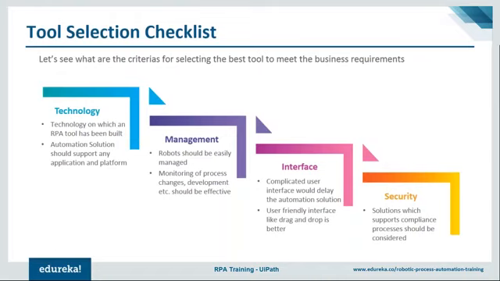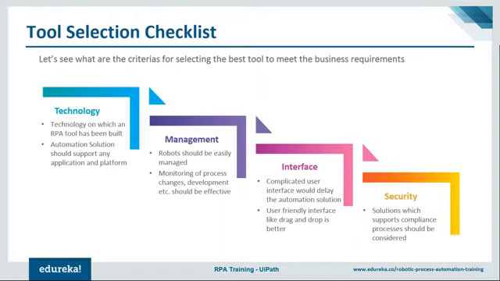For example, UiPath is constructed on the VB or the .NET technology. So you can assess the technology and you can see, okay, this is the tool that I can use. Then also you should take into account management, how you can manage your automations in your company.